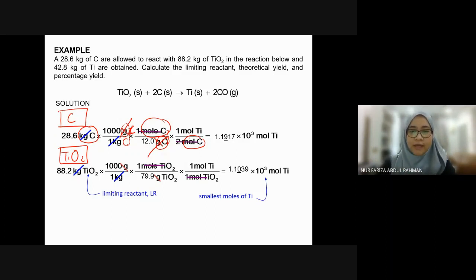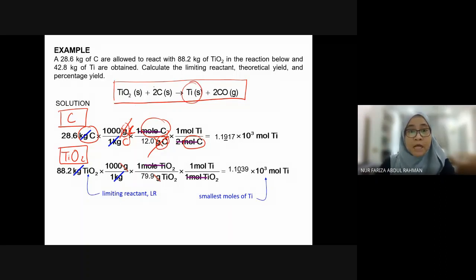So what do we have for the relationship between carbon and titanium? We can get this from the balanced equation. The balanced equation can also be our conversion factor. From the equation we know that 1 mole of titanium is produced from 2 mole of carbon.